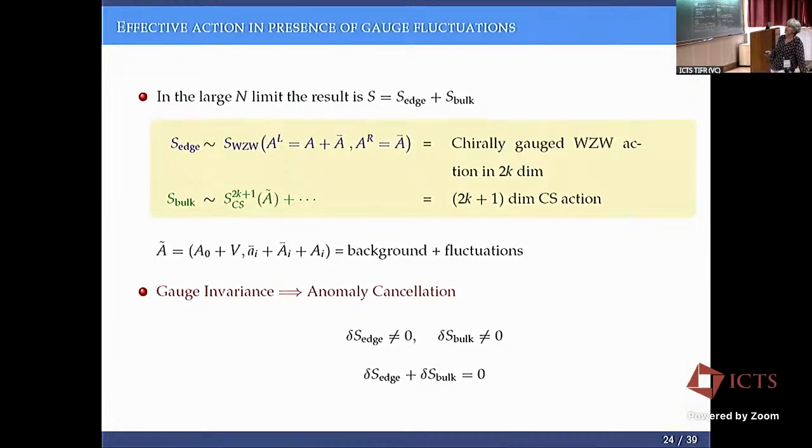And then there is a bulk action, which is essentially the 2K plus 1 dimensional Chern-Simons action. Again, the same features that we saw before in two dimensions. Each one of them is not gauge invariant, but if we put them together, the gauge anomaly is canceled. And again, we see how there is a tight relation between the bulk and what we have to have as an edge action, so the anomalies get canceled.